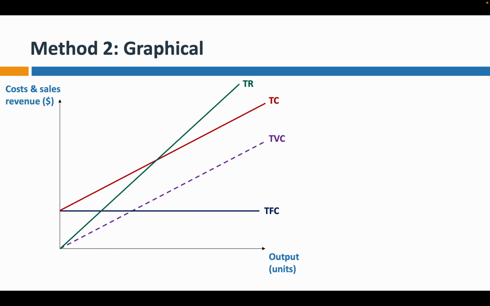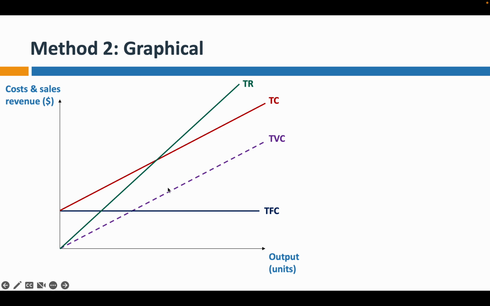The second method of calculating break-even is the graphical method. You plot all the lines on the graph and read off the graph. In order to read the break-even level of output from the graph, you need essentially just 3 lines: the total fixed cost line, total cost line, and total revenue line.